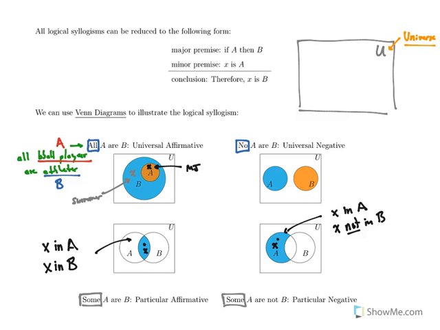And we're going to use these terms, universal affirmative, universal negative, particular affirmative, particular negative, to help us out with the logic we're going to go through in the next few sections.